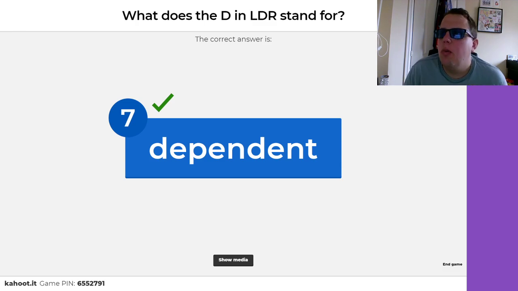Well done to the 7 people who got that right. Light dependent resistor. Look at all those E's. That's why this is in here, because of the number of people who make that a dependent resistor, but no, it's dependent. Loads of E's, no A's.